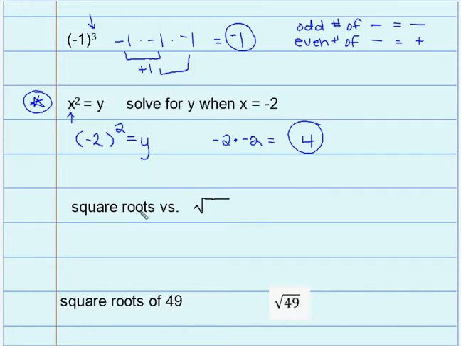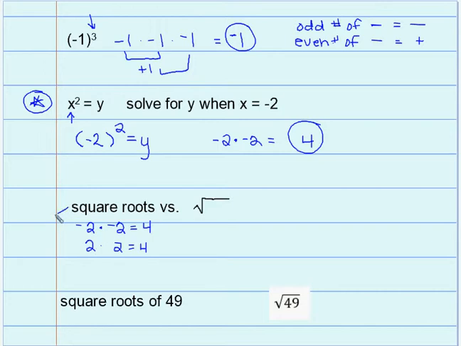Okay, square roots versus the square root, the radical. When you're doing square roots, there are two numbers that you can multiply times themselves to get the same answer. Well, in this example up here, we could take negative 2 times negative 2 to get 4, or we could take 2 times 2 to get 4.